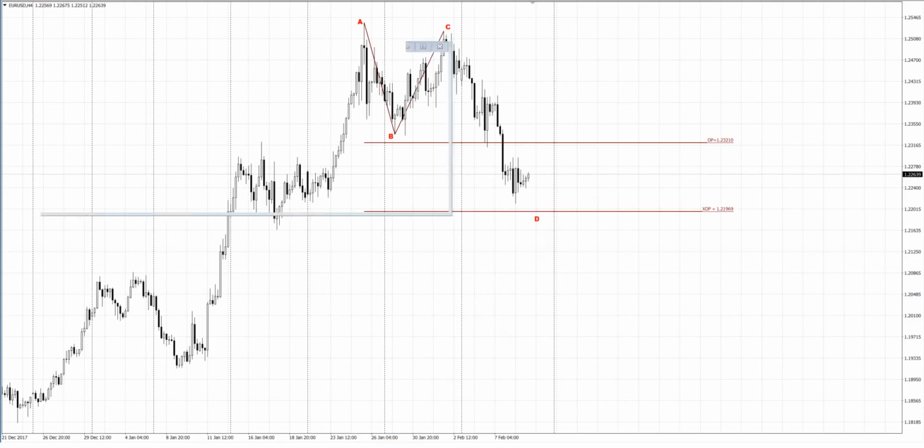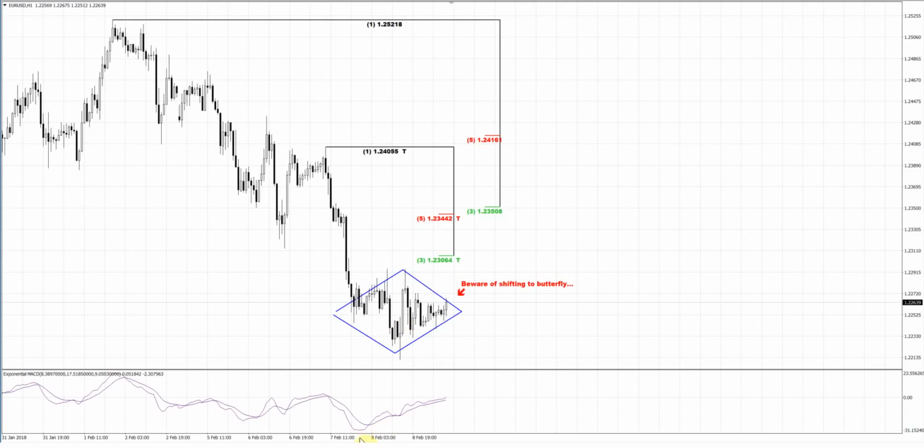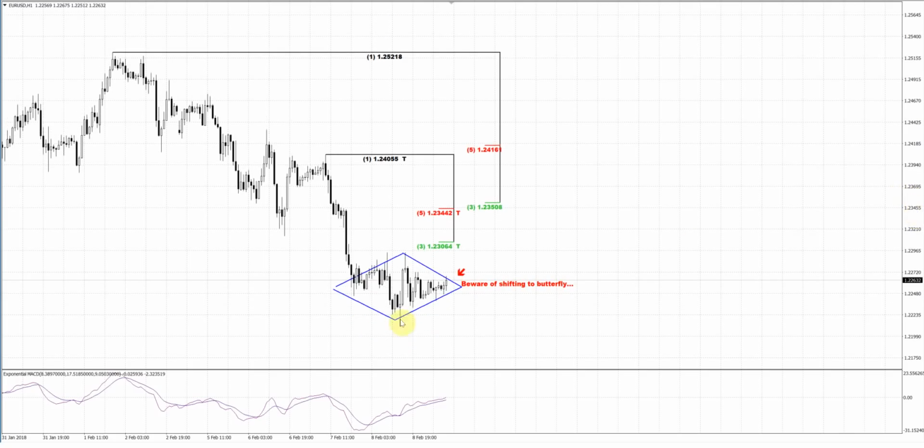Second moment, on the hourly chart, you can see the trend stands bullish, but price action mostly stands flat. It suggests the existence of bearish dynamic pressure, and it means that another final leg down could happen. That's why here, take a look, I give you the warning. Just be aware of the shifting to the butterfly. Indeed, this looks like a very good trap, because everybody knows the diamond pattern, knows that this is potentially a bullish reversal pattern.